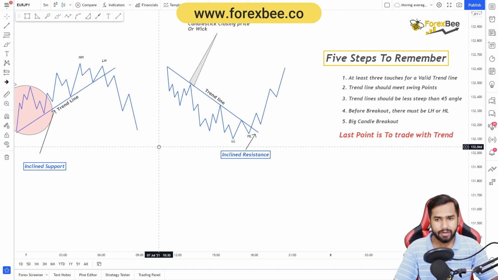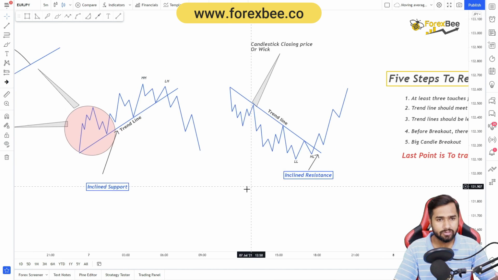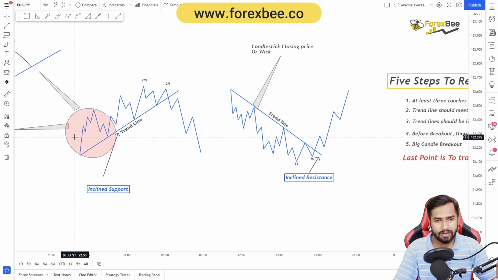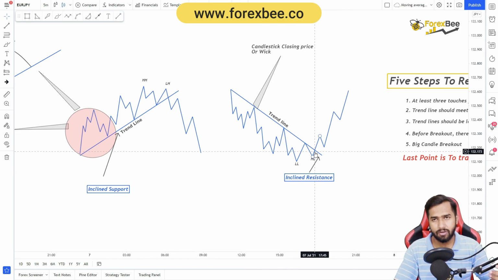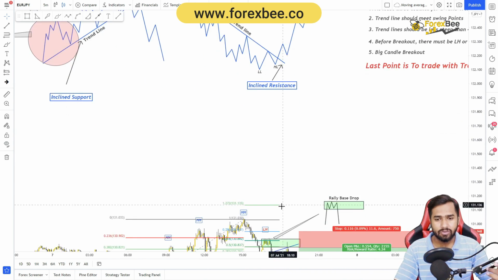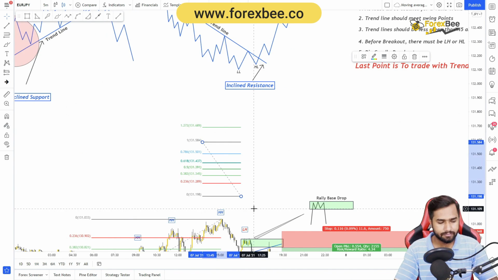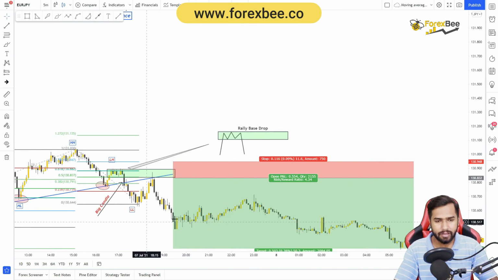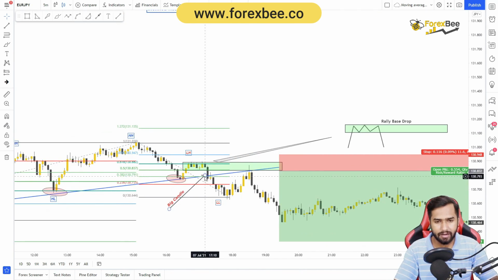And the fourth point is that before the breakout there must be a lower high or higher low. So if the trend is gonna reverse or break out from bullish to bearish, there should be a formation of a lower high. But if it's gonna break out from bearish to bullish, there should be a formation of a higher low. And then there should be a big candle breakout, as we saw here, where the breakout started to happen.